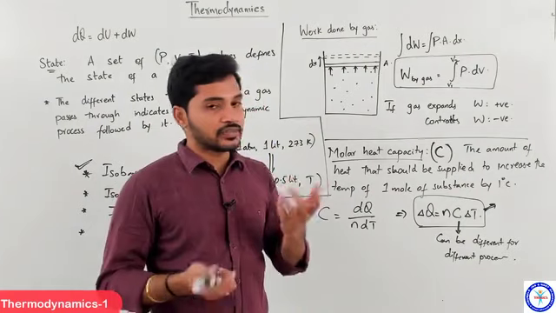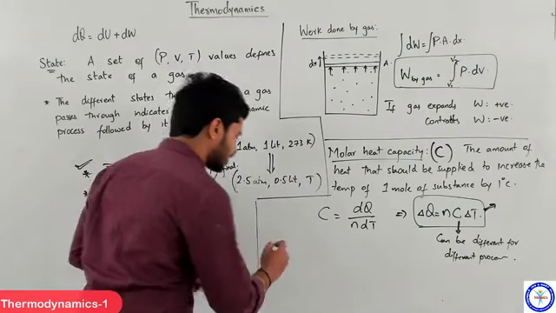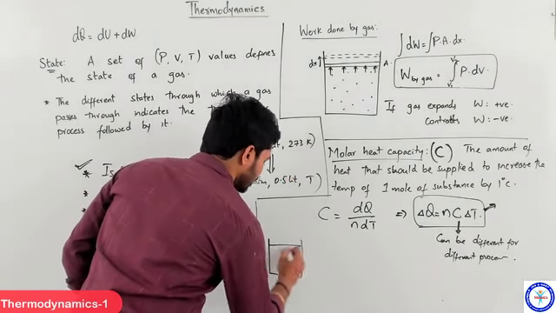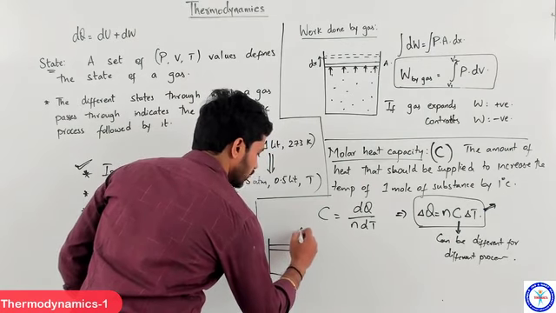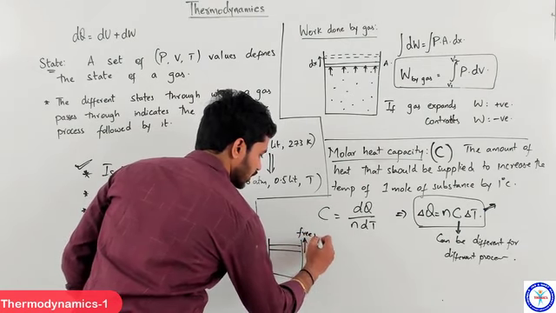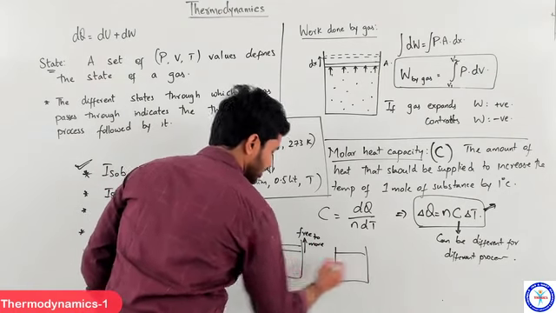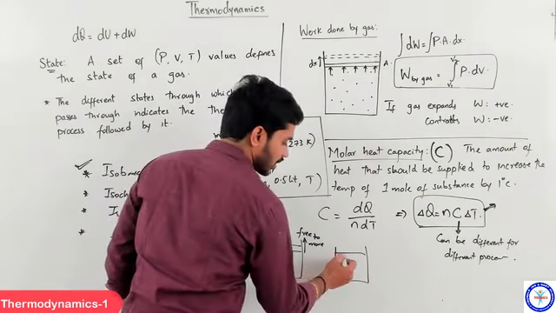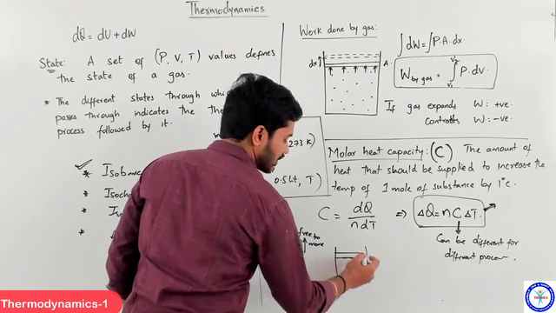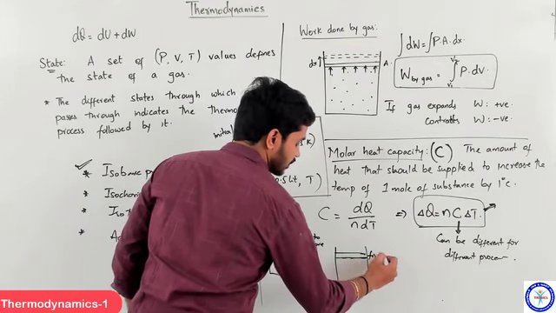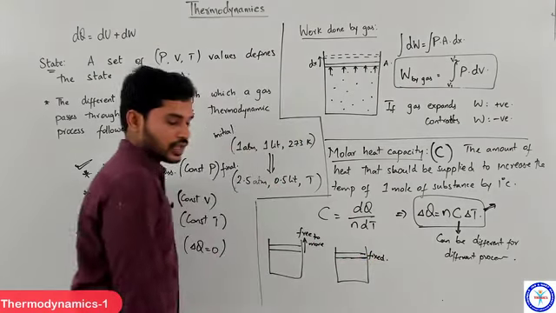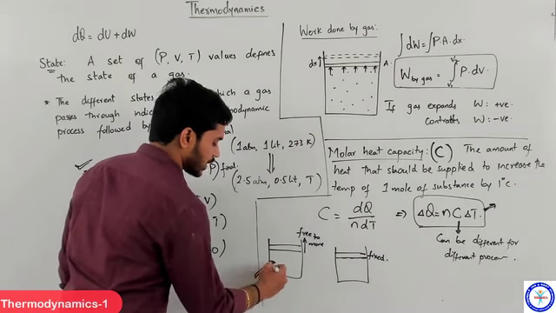See, think logically. For example, let's say we have a gas connected with a piston which is free to move, and we have another gas, the same amount of gas in a similar container, but this time the container's piston is fixed, and in both cases you are giving heat to the gas.